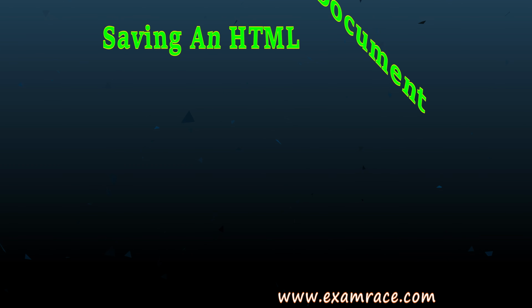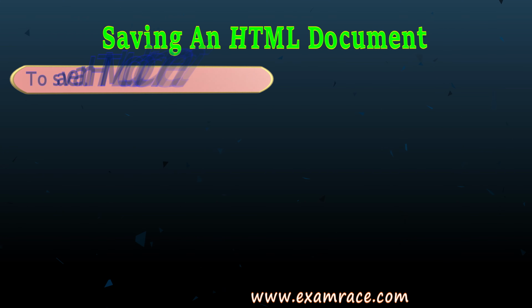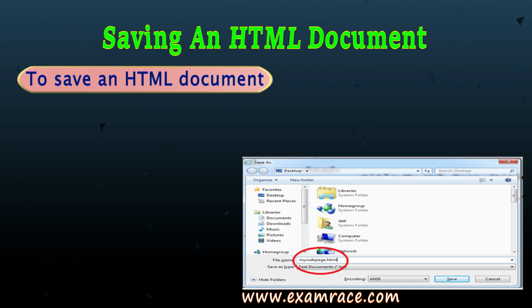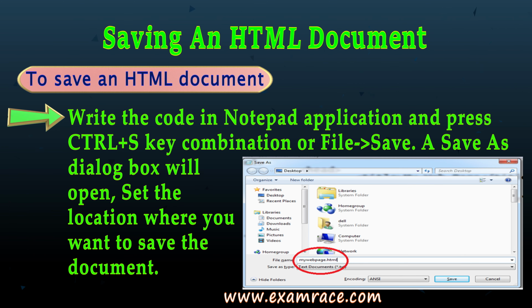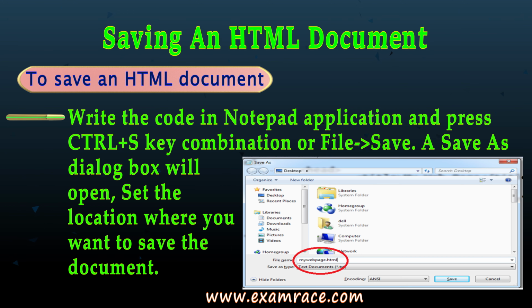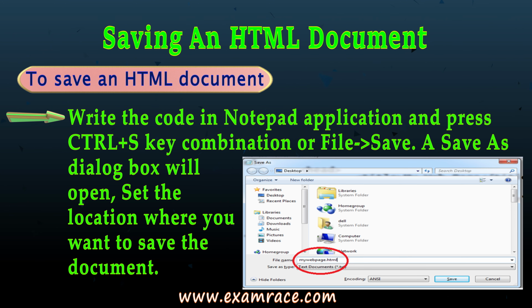So next we will discuss how to save the HTML document. There are some simple steps for the creation of the HTML document. First we need to create one HTML file, like we will simply open the NOTEPAD application, write our code, the simple structure of HTML, then simply save the file with the extension .html.